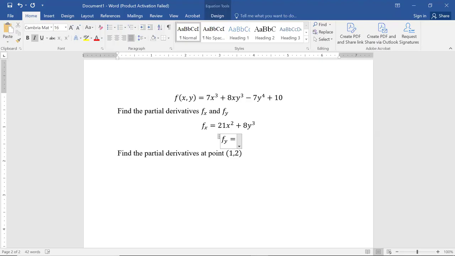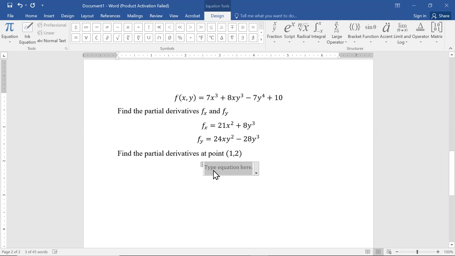And I'm going to get 24x as the coefficient times y squared. That's kind of just like this term. 4 comes down, multiplies by -7, and I get -28y to the third. So that x basically gets just treated like another coefficient. And then the derivative of 10 is just 0.